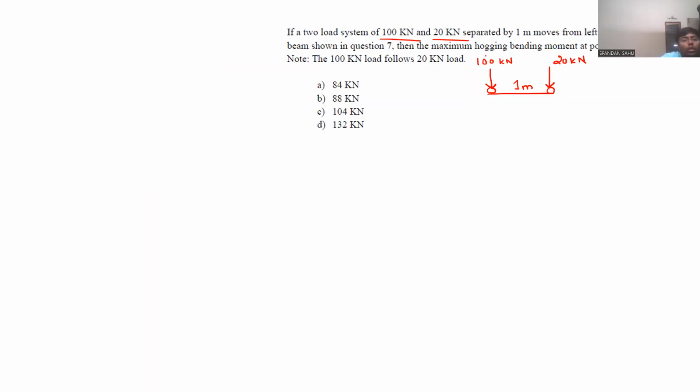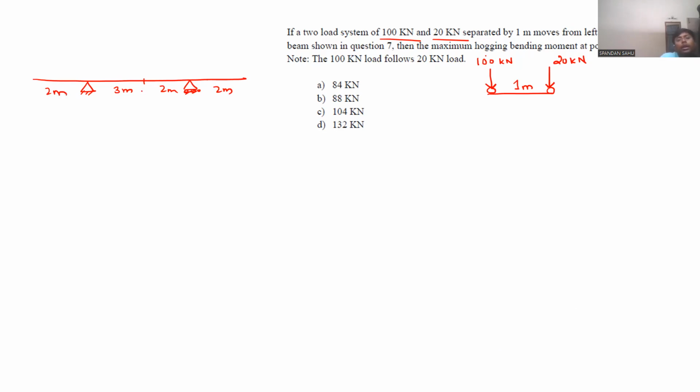So let us draw it here again. This is like this. Now this is 3 meter, this is 2 meter, 2 meter, 2 meter.